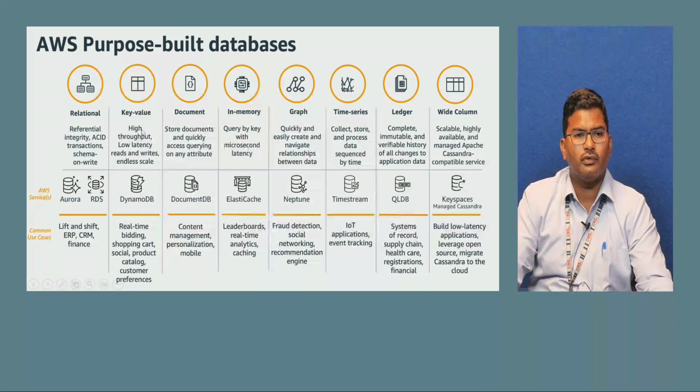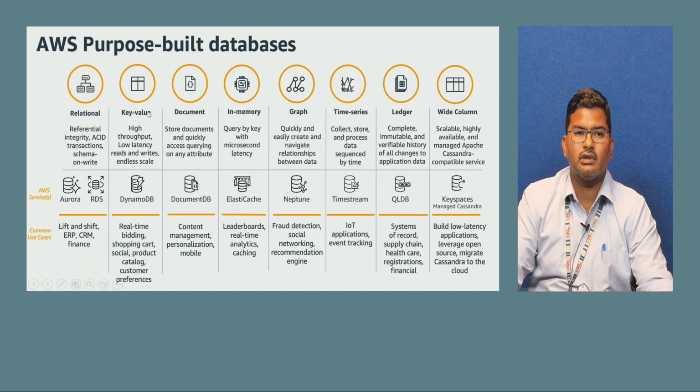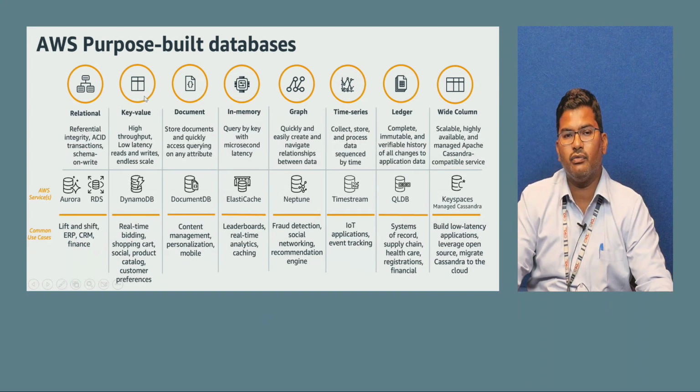This is high throughput, low latency, reads and writes with endless scale, and the use cases for DynamoDB are real-time bidding, shopping cart, social, product catalog, customer preferences. All these come under DynamoDB, and we are calling them items. All the items are going to be stored in this particular key value format.